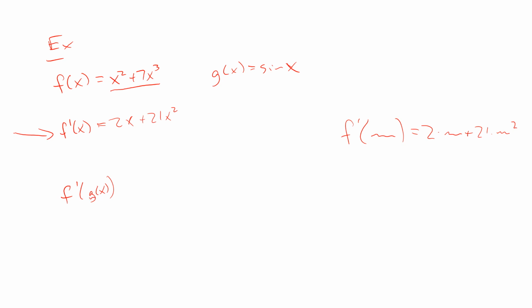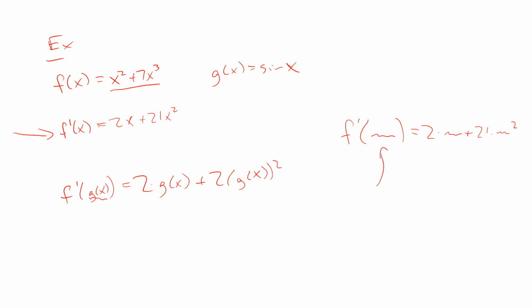So now the thing that we're plugging into f prime is g of x. So f prime of g of x is 2 times g of x plus 21 times g of x squared, right?